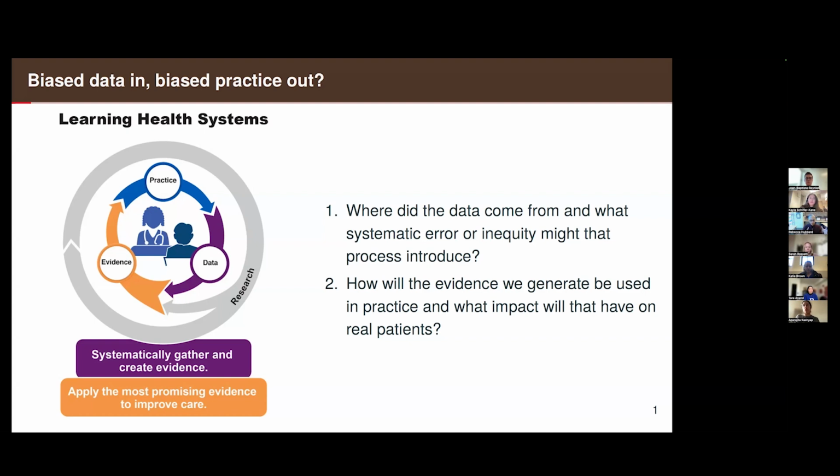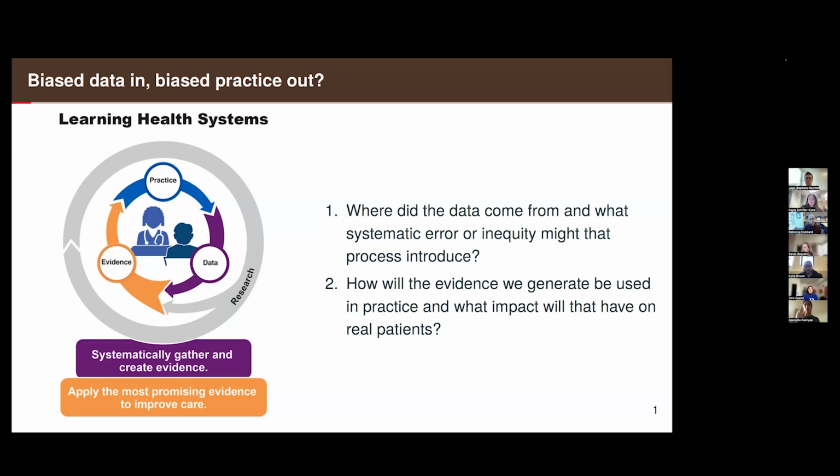I think if we localize ourselves too discretely within the evidence portion of this diagram, it's really limiting and potentially gives rise to misleading research results, because the other two portions of the figure, data and practice, should really inform the way that we're conducting that research.